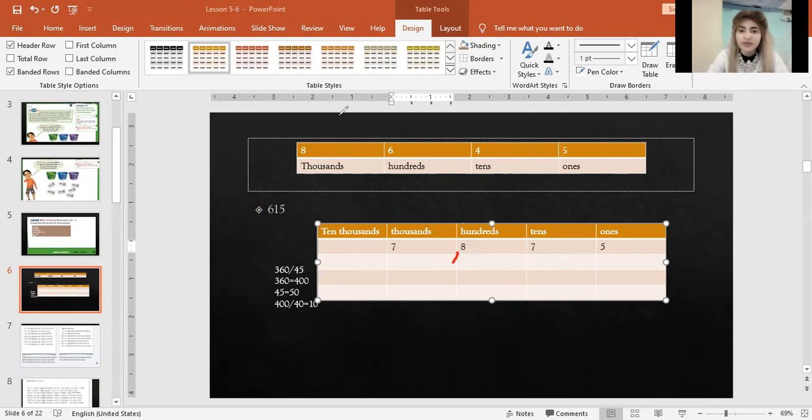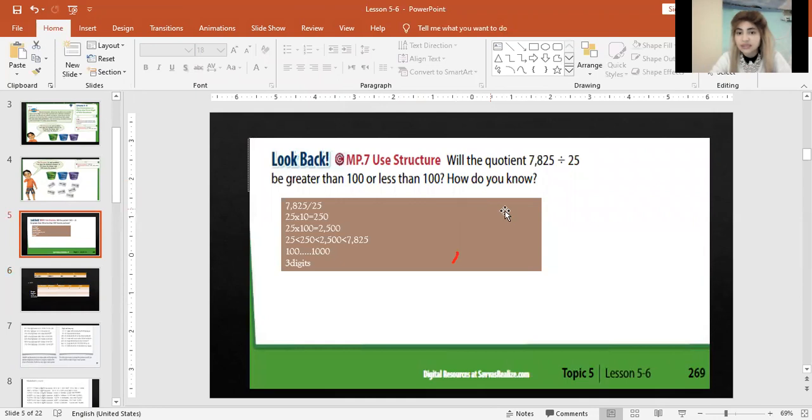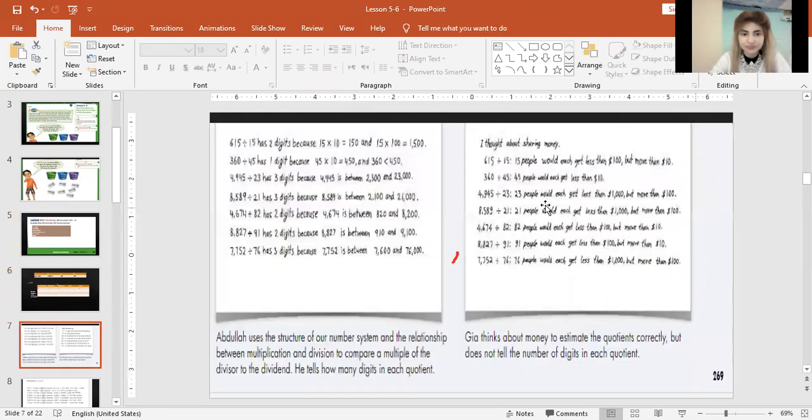If I have 97,875, now we have revised the place value. So let's solve it and use it in estimating the numbers here.